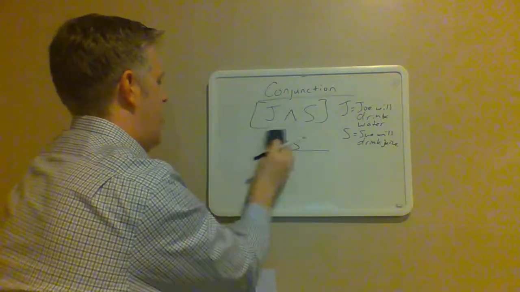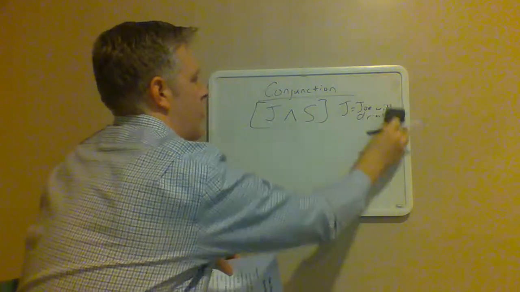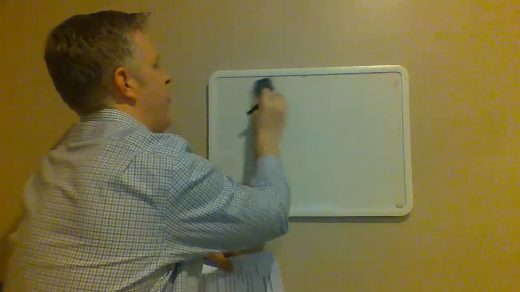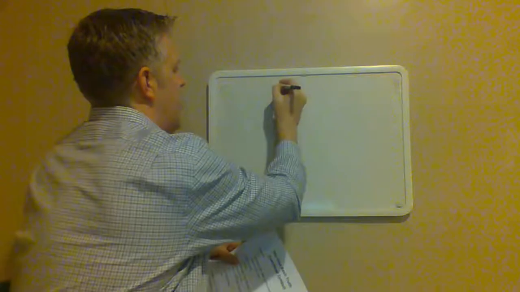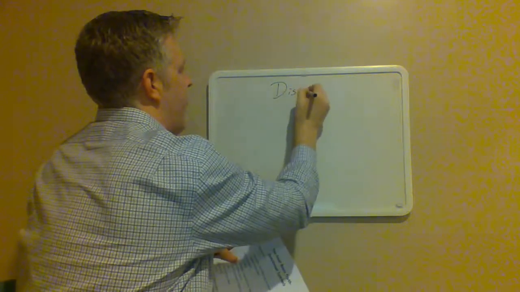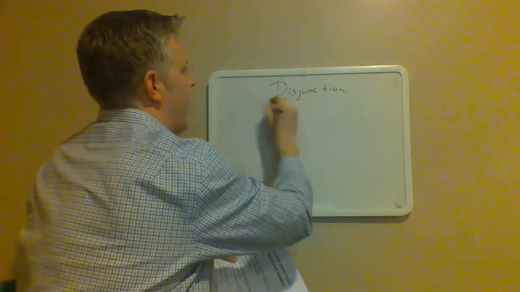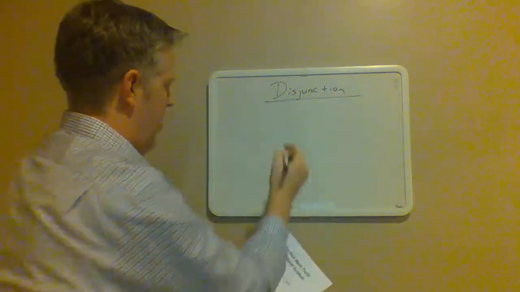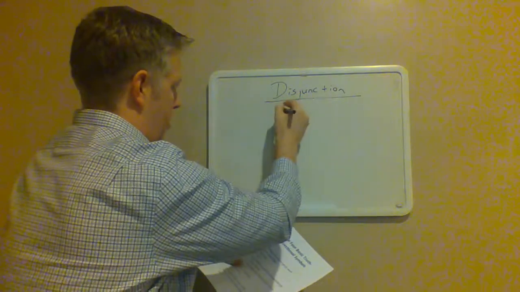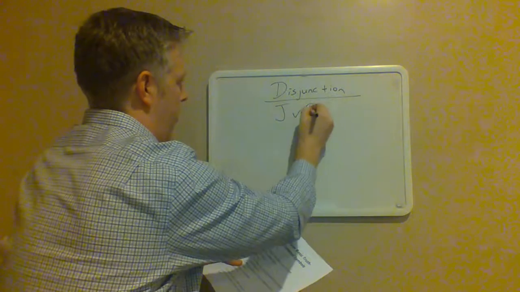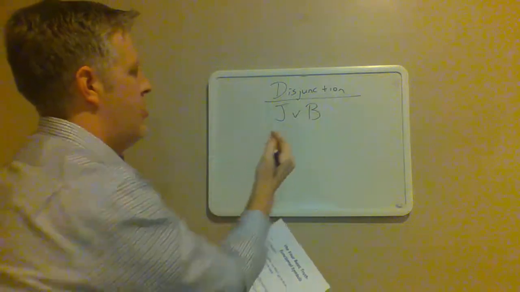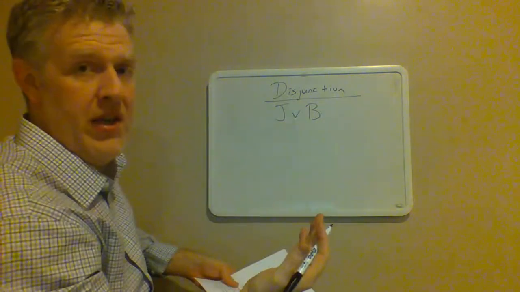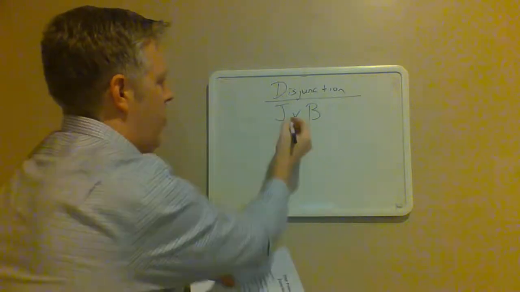Next up, fairly easy and very similar to a conjunction, although almost in reverse, would be a disjunction. The way you represent a disjunction is with the symbol, the small v is what I call it, whatever you want to call this symbol.